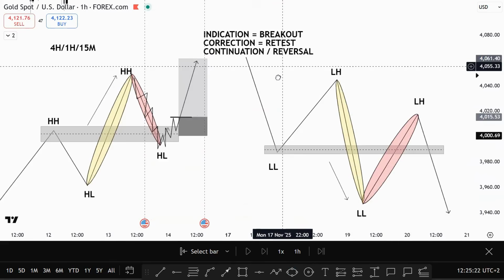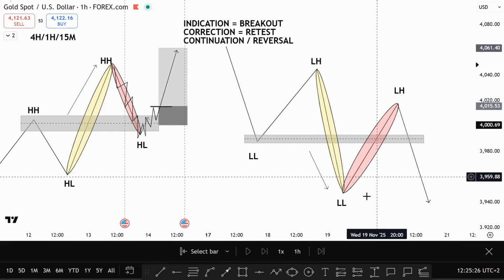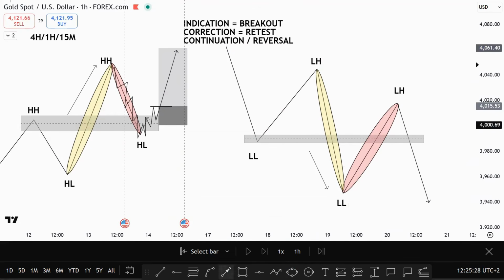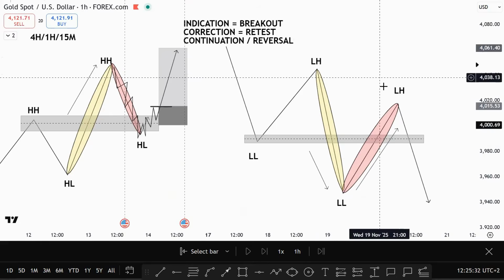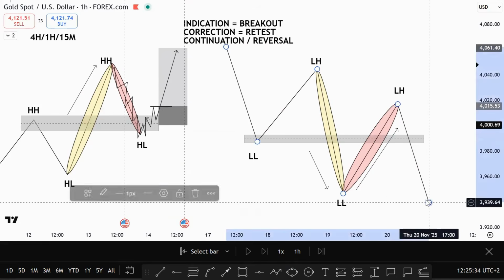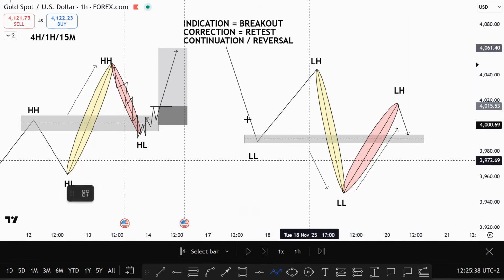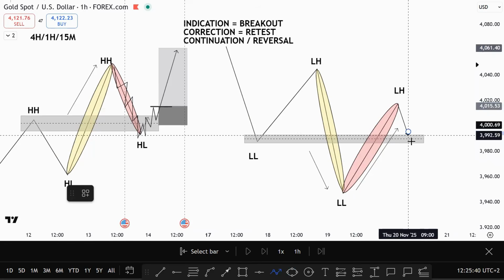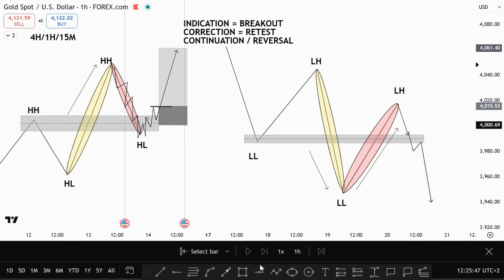Price would break out, indication breakout, and then price would then go correct, which we call a retest, right? We'll go retest on a higher time frame, giving you a lower high to show that the trend is indeed bearish. And then also with the entry method that we have, we'd want to see price break below here. Obviously, having a lower low and a lower high, and then you can take those trades to the downside.